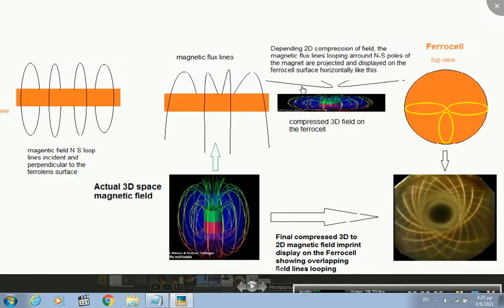but it didn't. So you have to keep in mind that the ferrocell is a quantum device, meaning nanomagnetic. It has nanomagnetic sensors, a few nanometers in size, and that makes it behave as a quantum sensor. And it senses directly the nanomagnetic moments inside the bulk matter of the magnet.